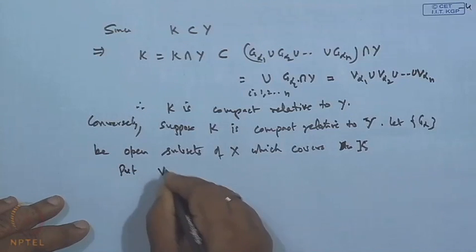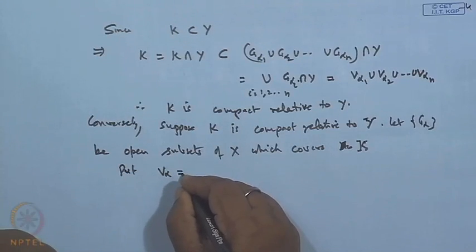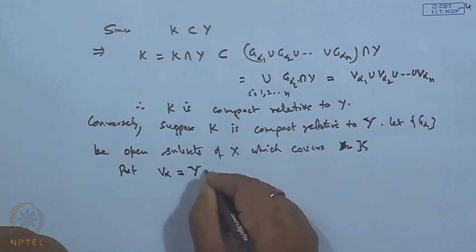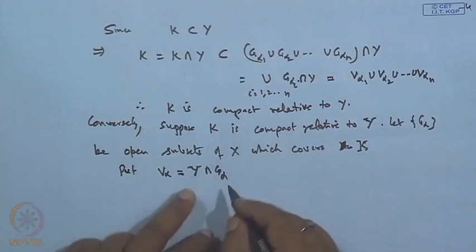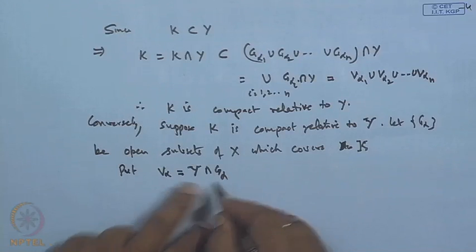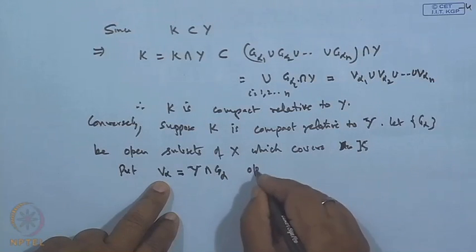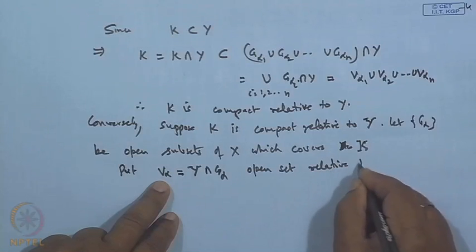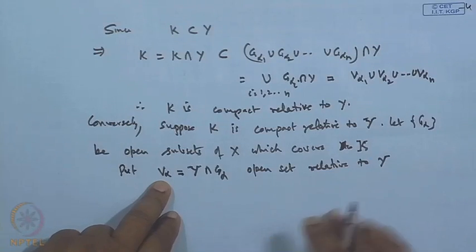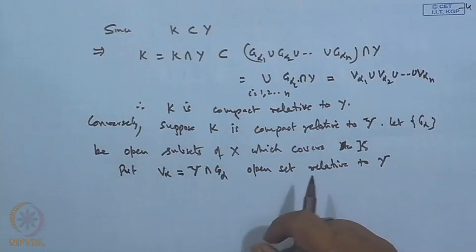V alpha as the set Y intersection G alpha. Okay, Y is a subset of X, G alpha is an open set. So, this V alpha will be an open set relative to Y, because of the previous result. Okay.